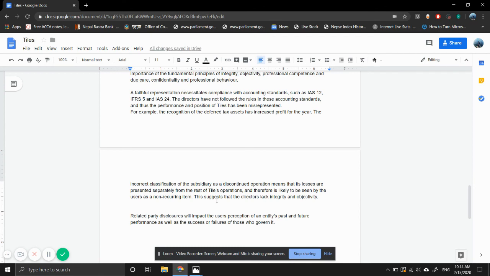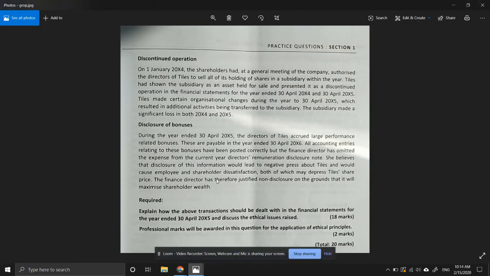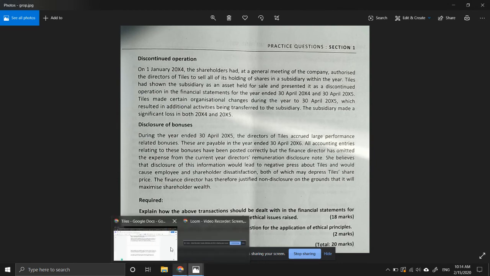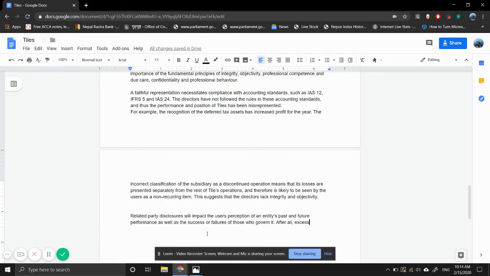Right? This was the point, right? Because it would basically be negative news which will decrease the share price, thus the shareholders' wealth will be reduced. That was the argument, right?